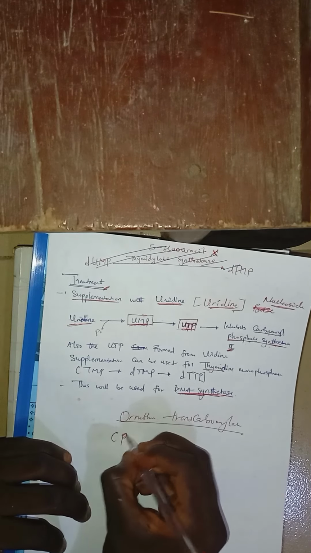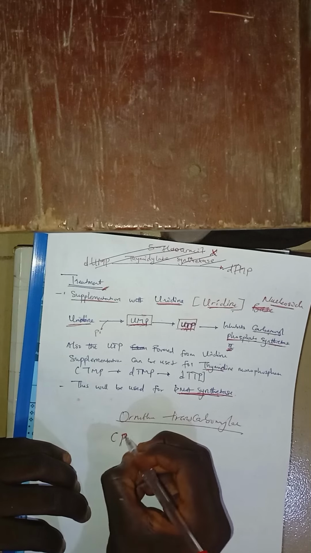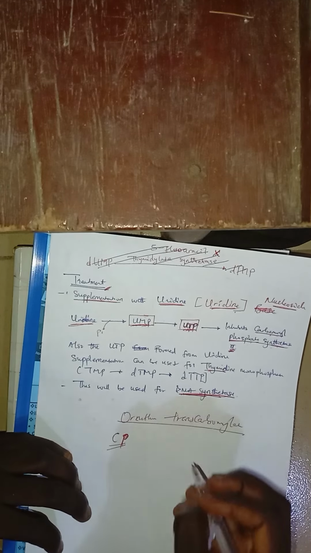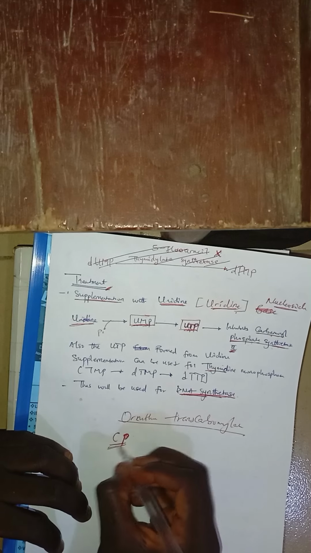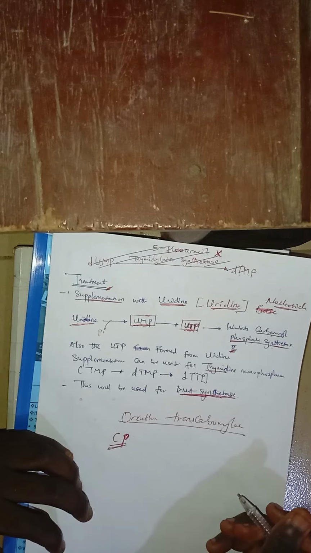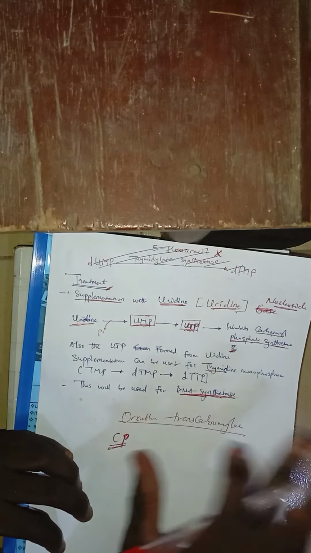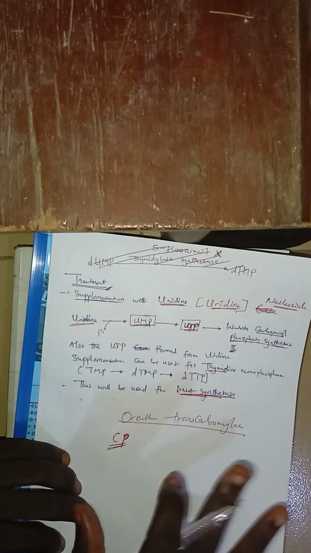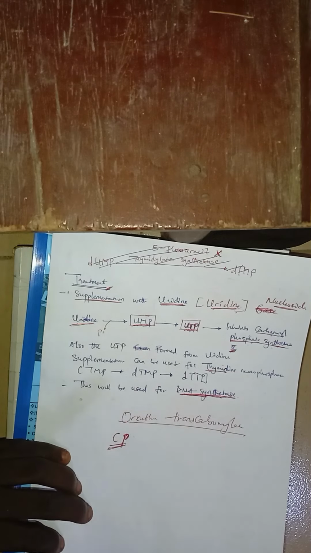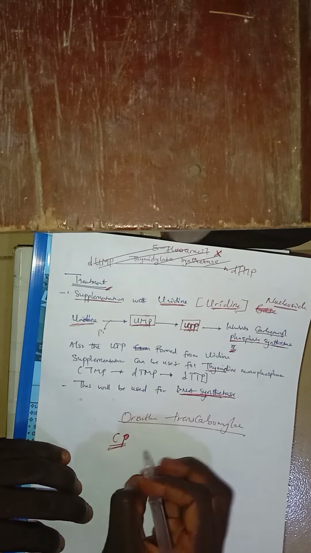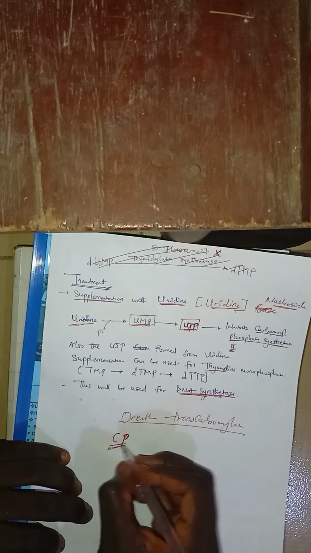Carbamoyl phosphate will accumulate, because the function of ornithine transcarbamylase is to convert carbamoyl phosphate, together with ornithine, to citrulline. Yeah, I remember now, to citrulline.